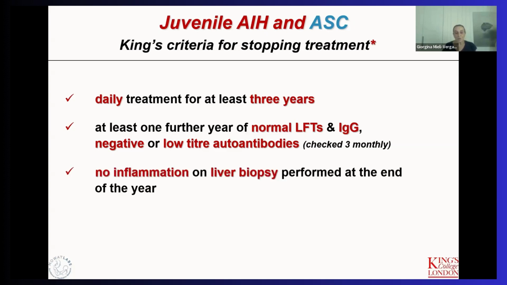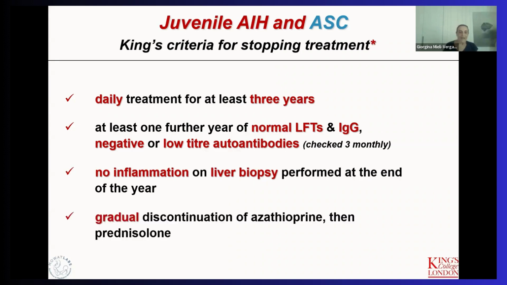And then we always perform a liver biopsy before stopping treatment, because we want to see there is no inflammation on the liver biopsy. I do realize that somebody suggested we do not need a liver biopsy. We do find that it's very important. And then we gradually discontinue the azathioprine and then prednisolone.